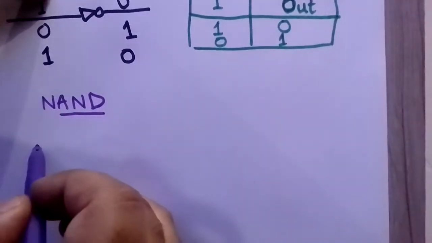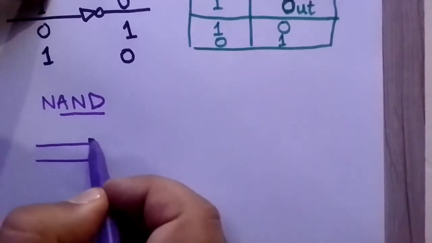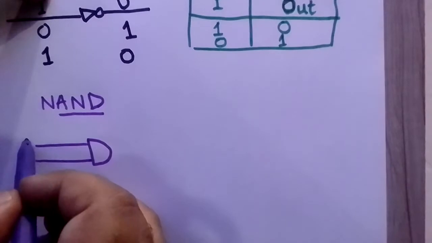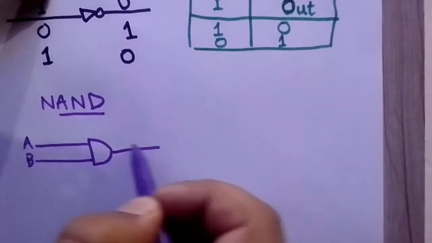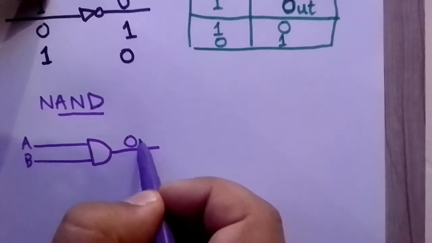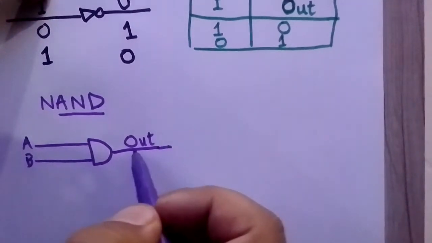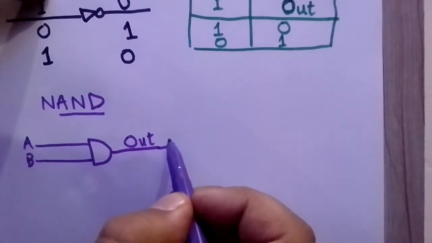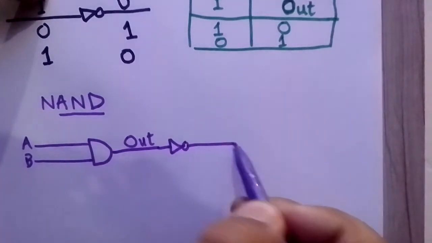Okay, so we saw the AND gate. This is the digital AND gate. It has two inputs, A and B, and one output, out. Okay, when the output of AND gate is inverted by the NOT gate, it becomes the NAND gate.